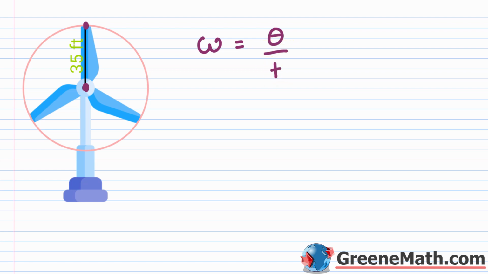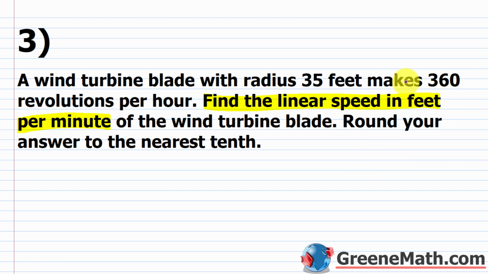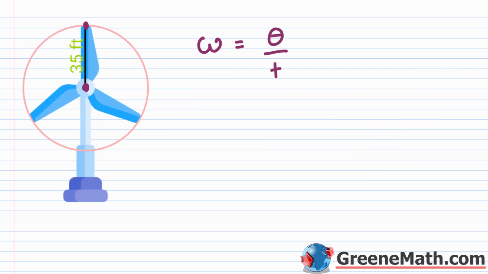Now, the information we're given here is that it makes 360 revolutions per hour. So let's think about that for a second. If I'm rotating one time around, the angle measure is going to be 2 pi. Well, it tells us we have 360 of those revolutions or rotations. So if I have 360 complete rotations, the angle measure that I'm generating is 2 pi times 360.